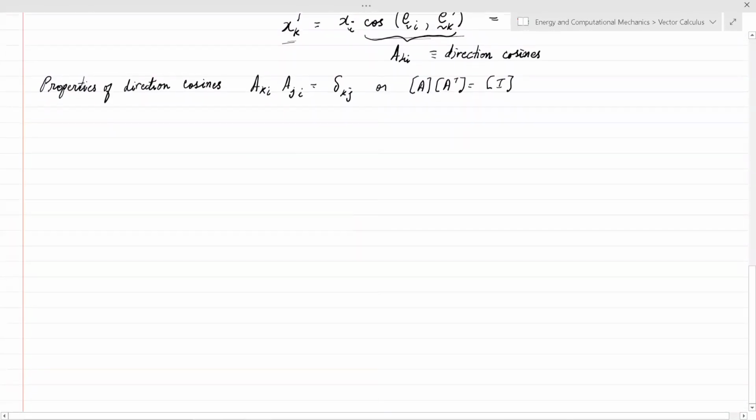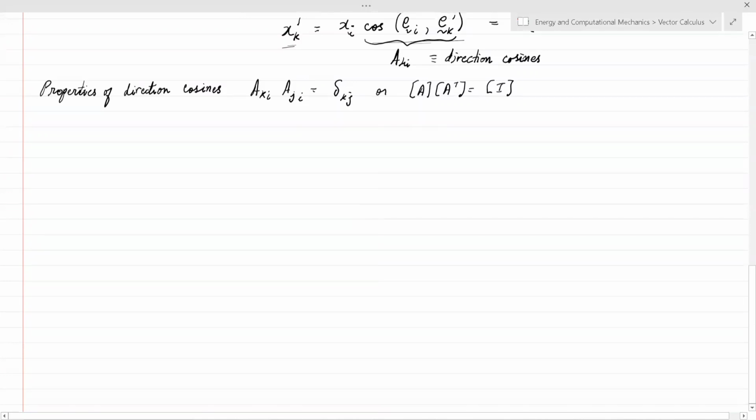So let's look at what will happen if I have a rotation about x3 of theta. So what does that mean? I have this Cartesian system x1, x2, and out of plane is x3.